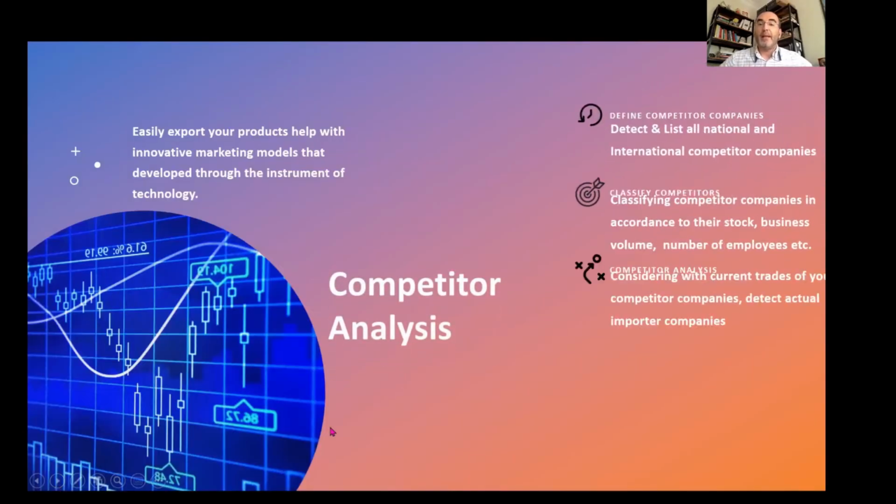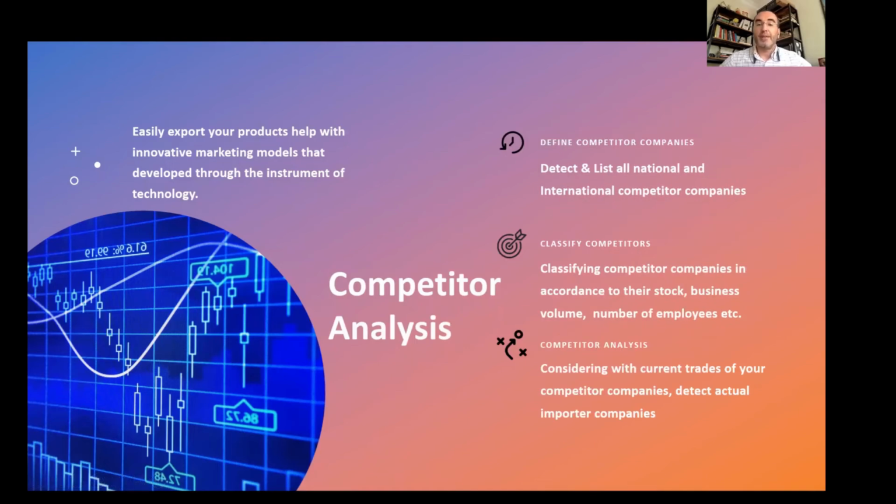And after we detect our competitor countries, we are making competitor analysis. What is competitor analysis? Even in the same country, or maybe in our competitor countries, we are detecting our competitor companies. What I mean with competitor companies, they are producing the same or a similar product as us, and they are really good regarding exporting their products.